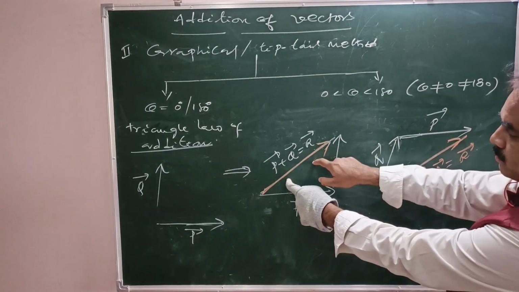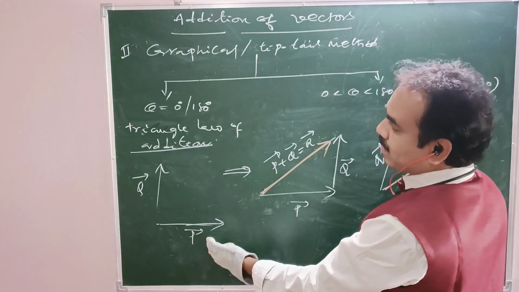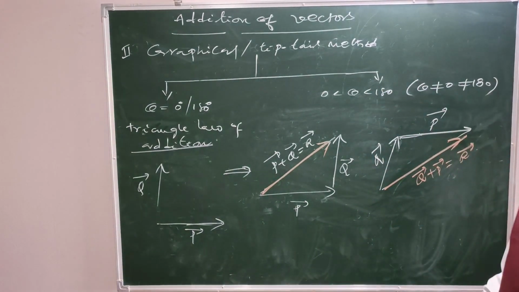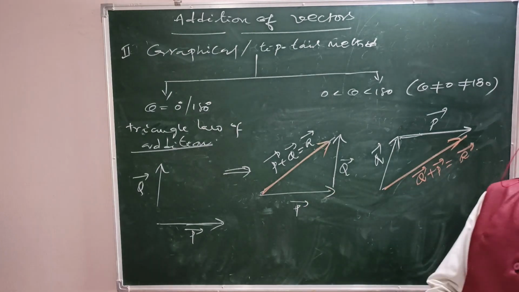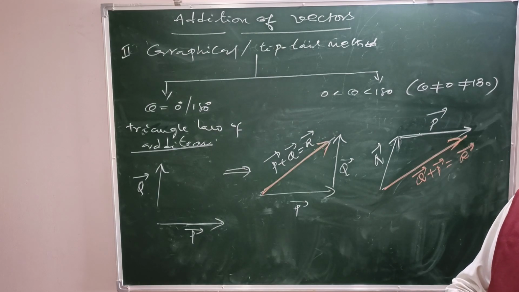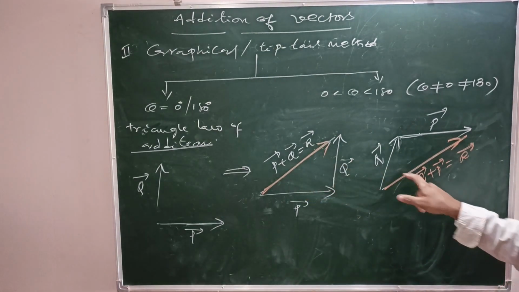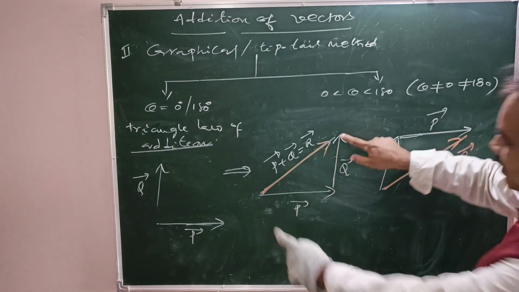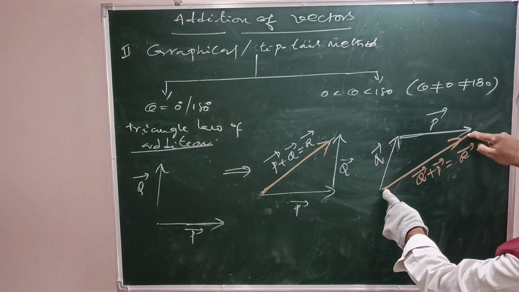See, by adding Q bar to P bar or P bar to Q bar, in both cases we have the same result. Same resultant means the resultant is one and the same in both cases. Here see, what is the length of this vector? Here also the same is the length of the resultant.